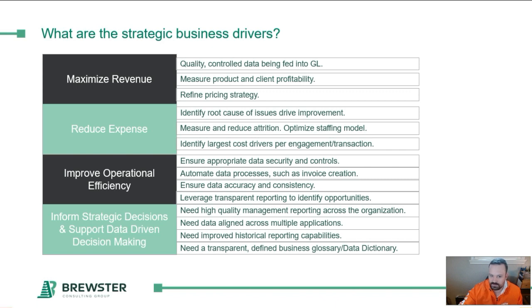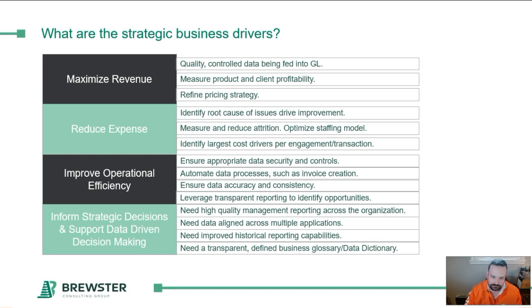They want to make more money, spend less money, do things faster without any suffering of quality, and they want to have more information to make decisions. So that's very generic. Depending on your industry and your business, obviously you're going to get down into more specific goals, like making sure the data that's fed into your general ledger is correct, making sure that you can measure profitability on a client or product basis, whatever those things are. And there's some examples on the right here of some of those specific items.